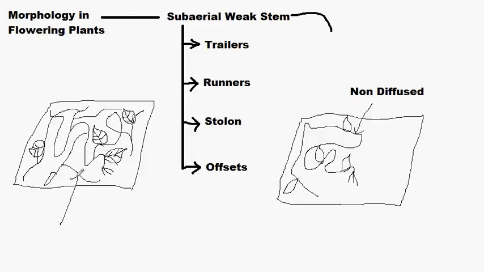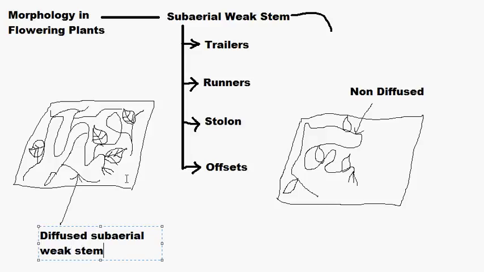So, this is called the diffused weak subaerial stem. So that was the difference.